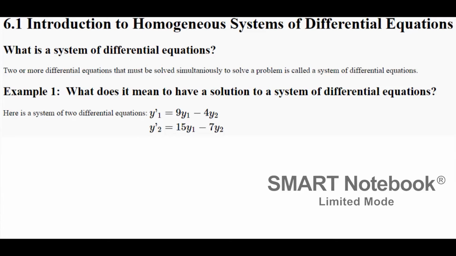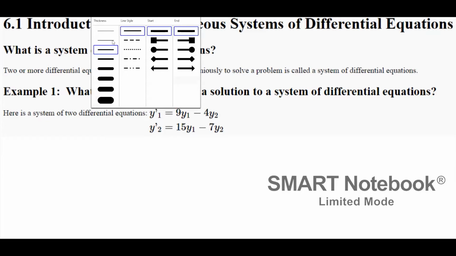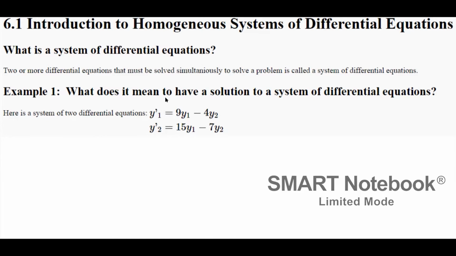So if you remember from linear algebra, we can change a system like this into a matrix equation. So I'm going to say that vector y is going to be a vector that contains these two functions, y1 and y2. So those are the two equations that we're trying to solve for.